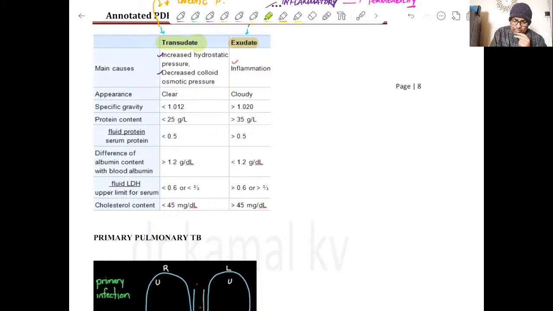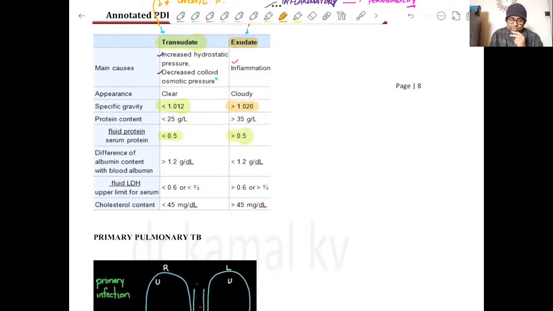Then what is more important for you to remember is that if you look for the fluid protein or serum protein, it will be less in transudate and it will be more in exudate. Now here the reason is that the patient can already be having hypoalbuminemia. Then second, of course, you can check the specific gravity, which will be high in exudate.